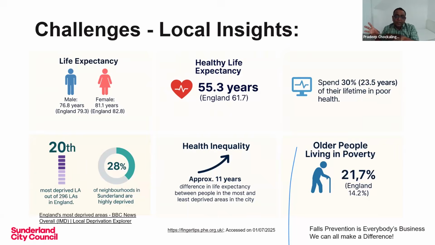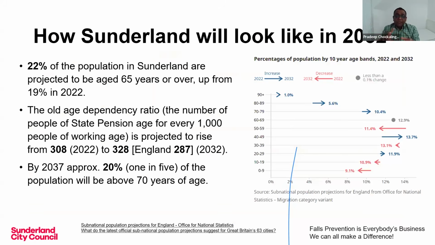Next slide, please. When we looked at the statistics for 2030, it says 20% or 22% of the population is going to be above 65, because we are going to have much older people. The pension and working-age dependency rate is very high as well.